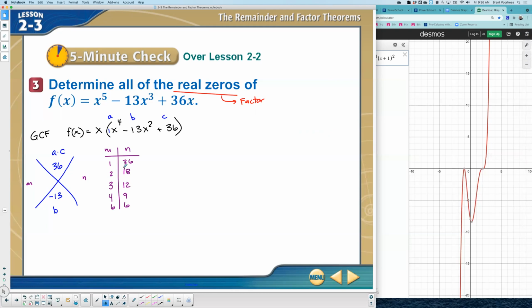Which one could somehow give us a negative 13? 4 and 9. Okay, that's a value of 13. How do I make it negative? Both negative. So negative 4 and negative 9. So here's what I have now. f of x equals, you still have that x.